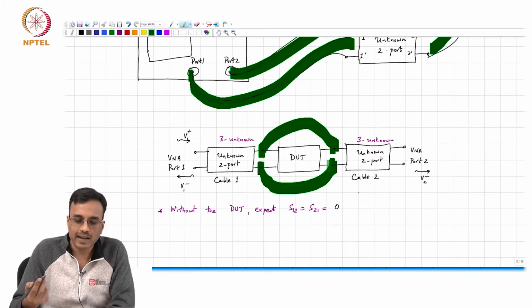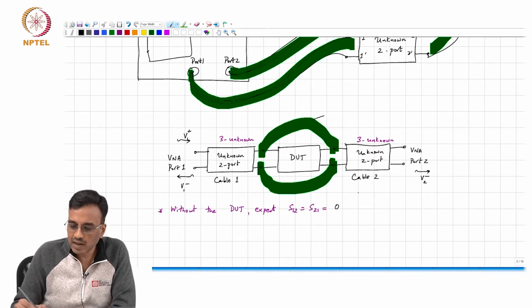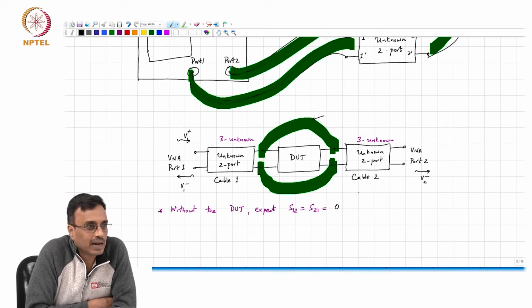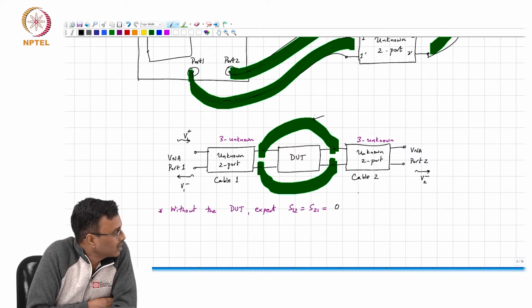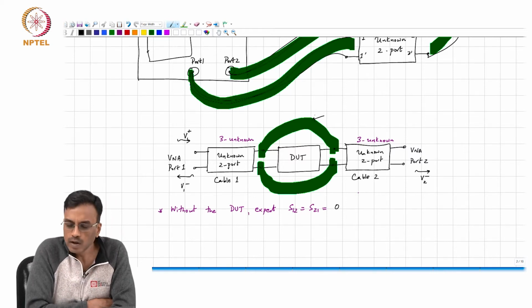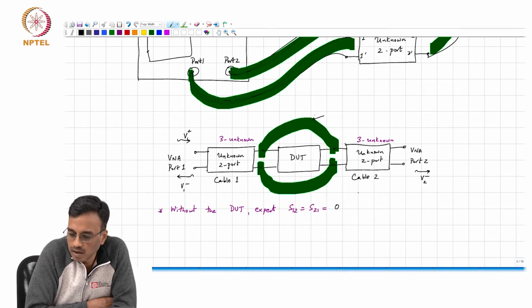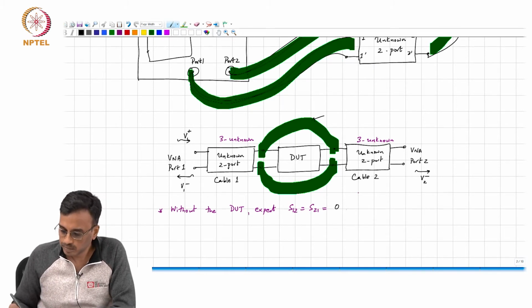This path ideally will be 0, but remember that in the real world, nothing that's supposed to be 0 will be 0, and nothing that's supposed to be infinite will be infinite, right? So here the S21 is supposed to be 0. In practice, this S21 and S12, even without the DUT, will be some small value.